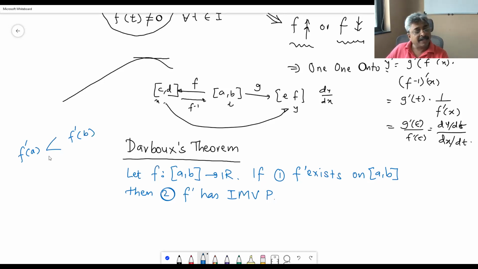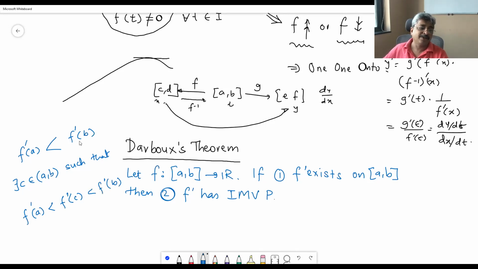Without loss of generality, suppose f dash of a is less than f dash of b, then there exists some point c belonging to (a, b) such that f dash of a is less than f dash of c is less than f dash of b.